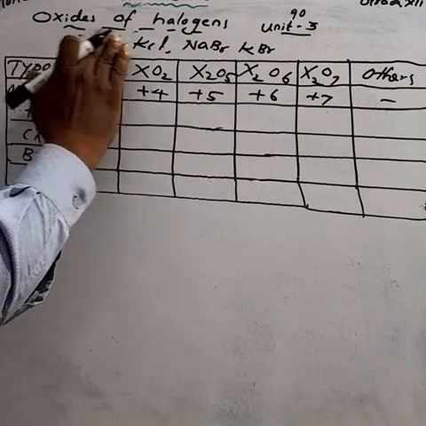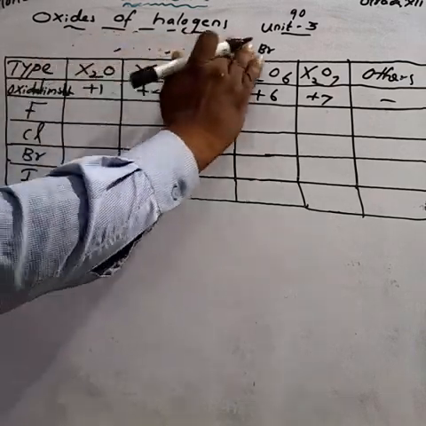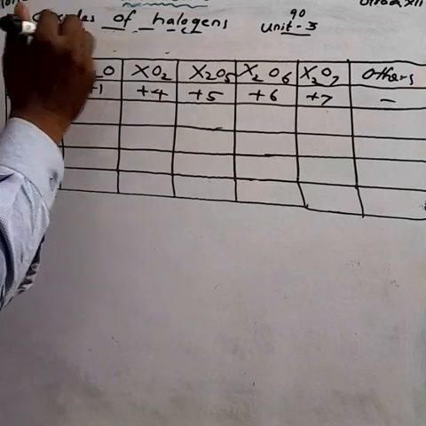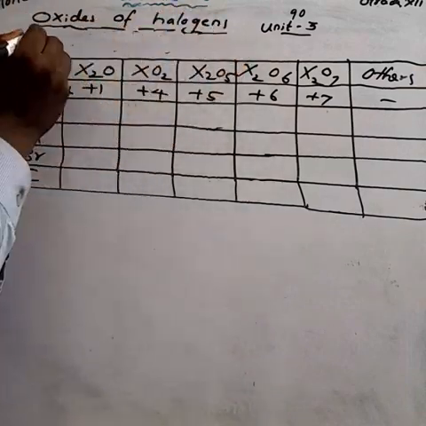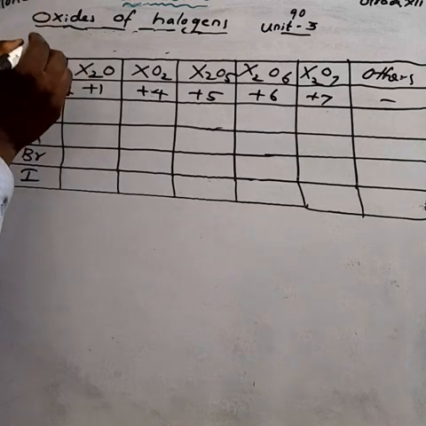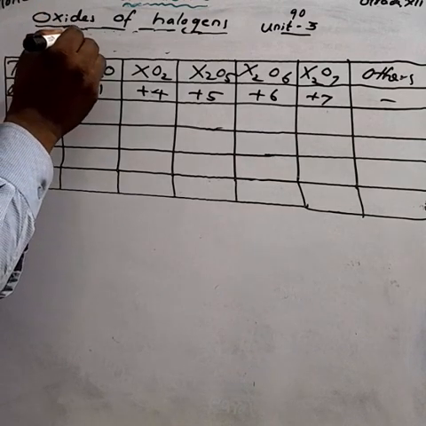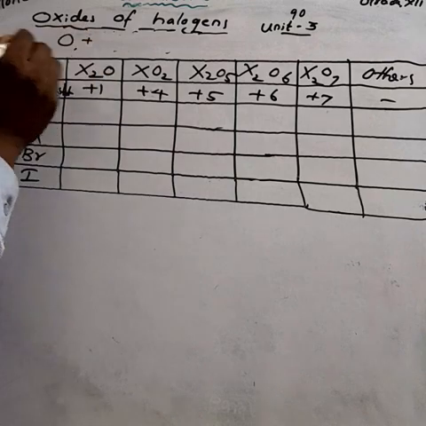Here, we are learning about the oxides of halogen. That is, one of the halogens combines with oxygen to form oxides of halogen.